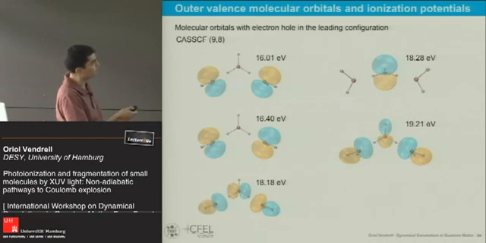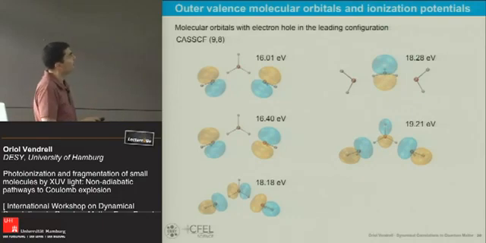Then we have this orbital that is sitting on the central water molecule, and this corresponds to removing an electron from the place where the positive charge is already sitting in the ground state of the system. So if we look at the ground state, there is a positive charge density in the central water molecule, and this explains this higher ionization potential, and then this would be the final state.